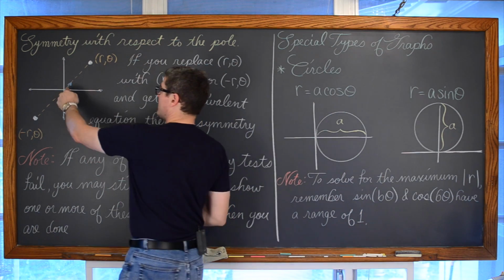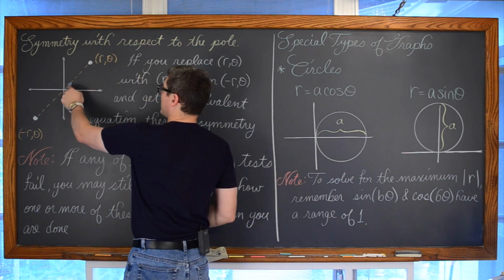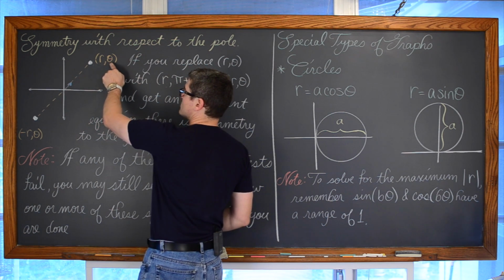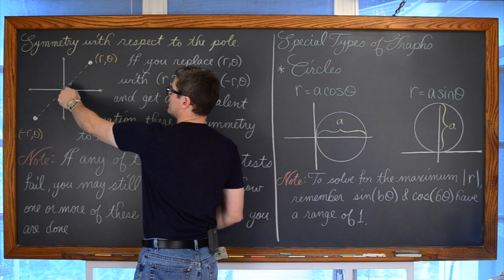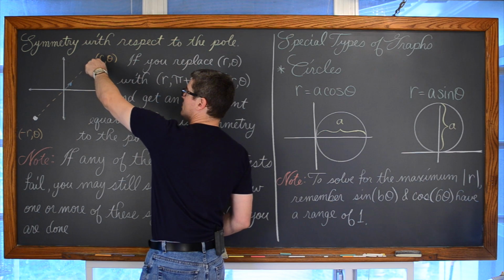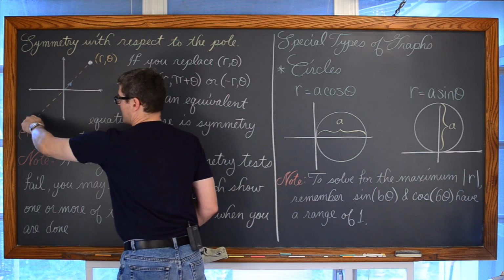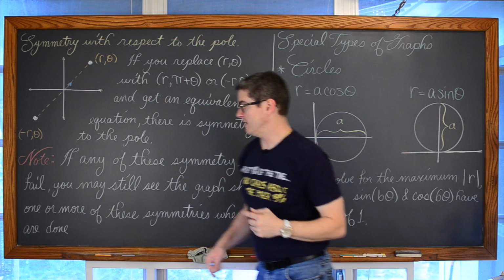Or you just keep the pointer going in the same direction, right? Your pointer indicates your angle of rotation that you do first, and then you plot the point. Well, instead of stepping out a positive r units for the radius, you can simply go in the opposite direction and have (negative r, theta).